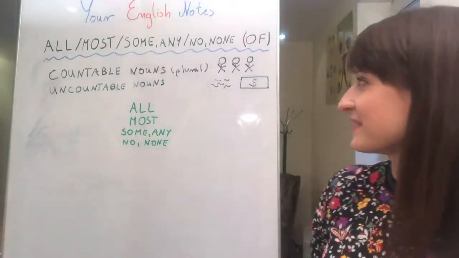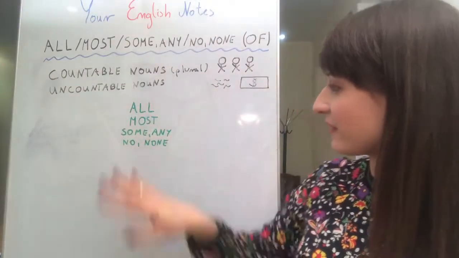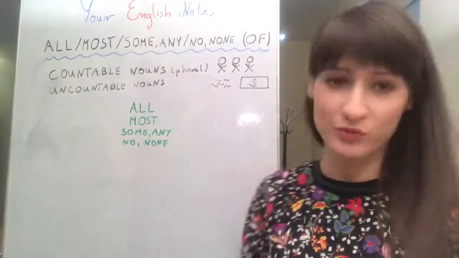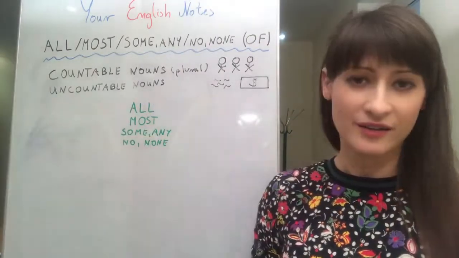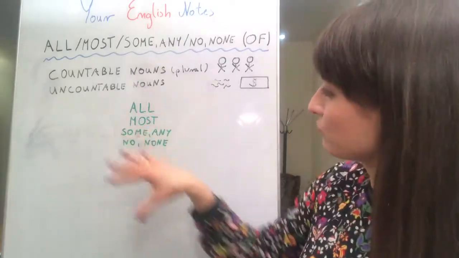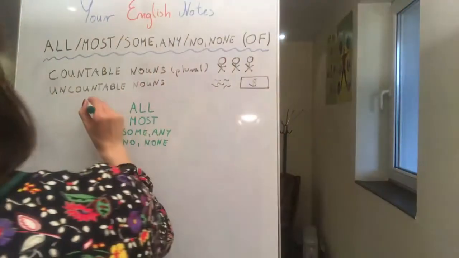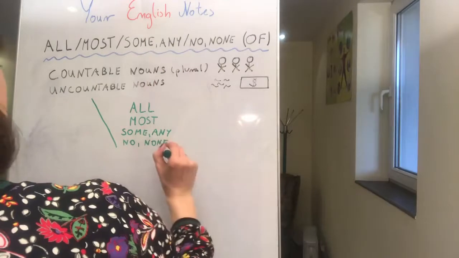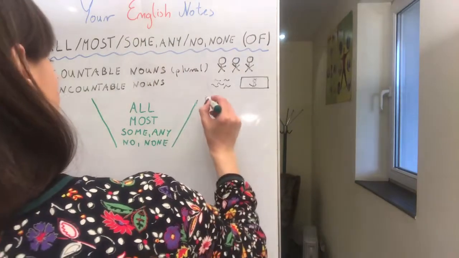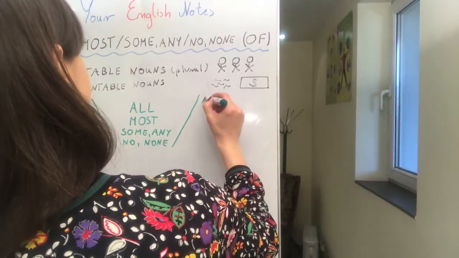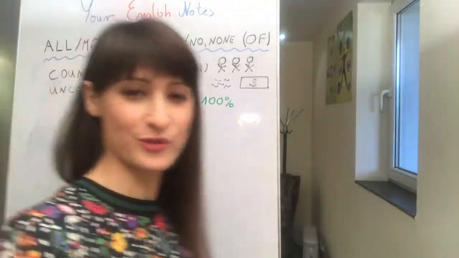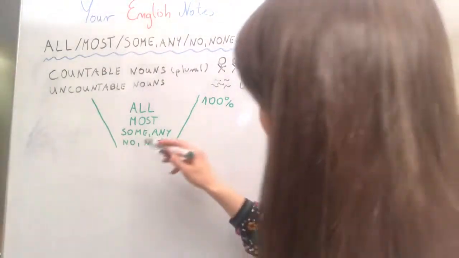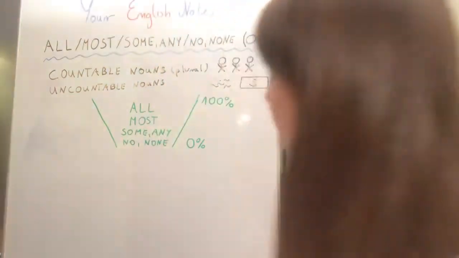So first, let's look at the board, okay? And I put these words here one more time. I think you know the meaning of these words. If you would like to remember the meaning better, you can, for example, draw something like that. Let's say that all is 100% of what you have or what you are talking about, and no and none is 0 percent of what you are talking about.